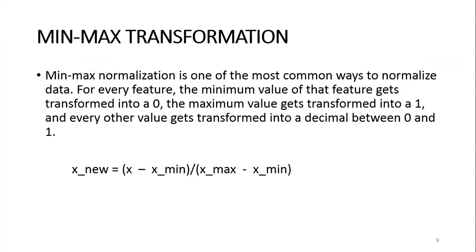Min-max normalization or min-max transformation is one of the most common ways to normalize data. Min-max and z-scores are commonly used. In particular, I think min-max is very, very common in data science.